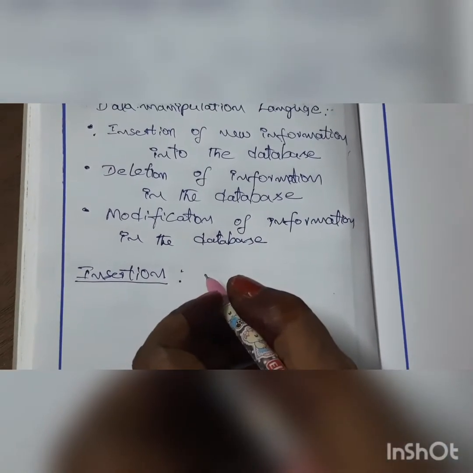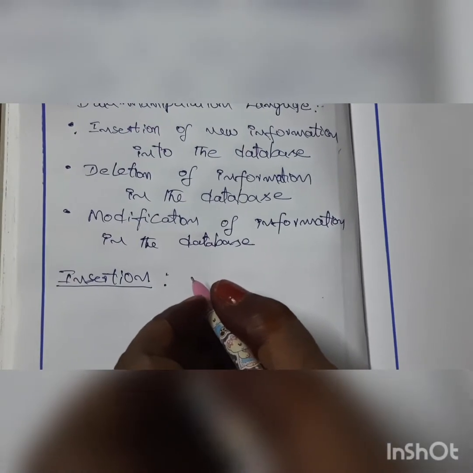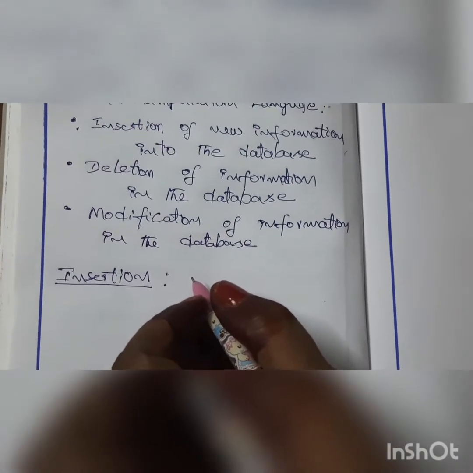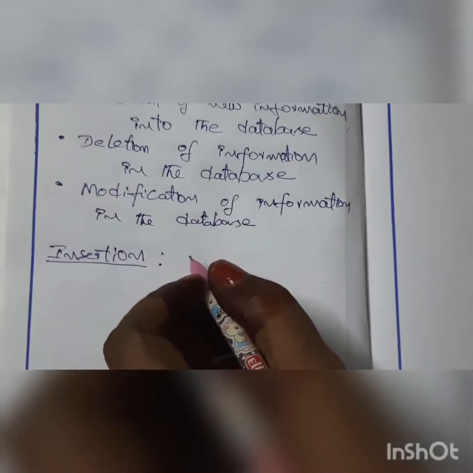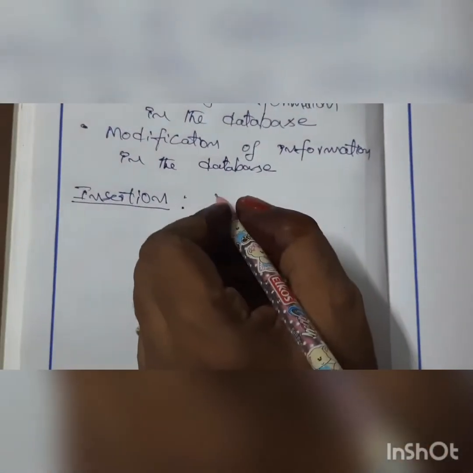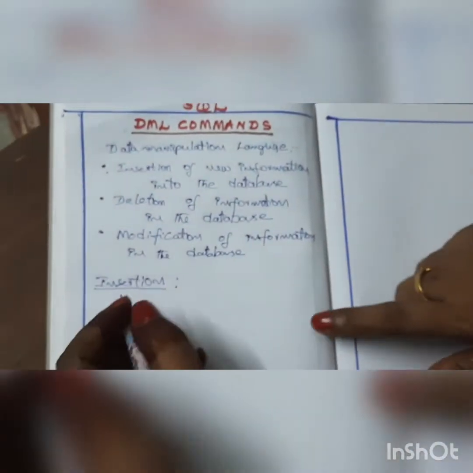The insert statement is used to insert new rows or records into a table. Values can be inserted for all columns or for selected columns of the table. You can insert data values into a table in different ways.